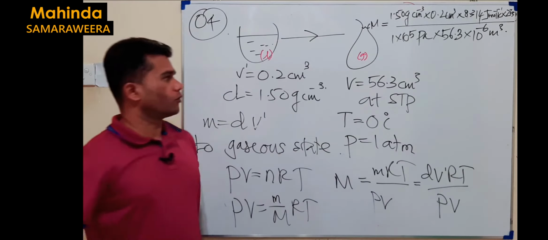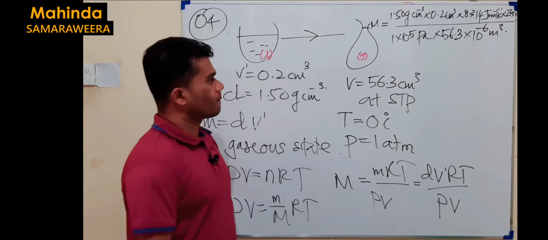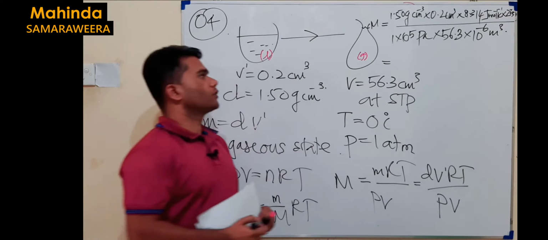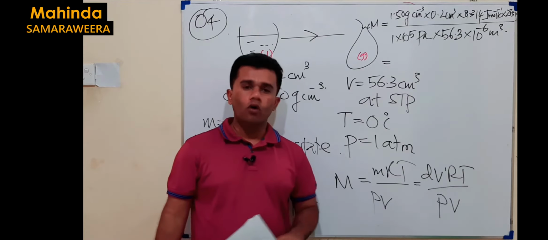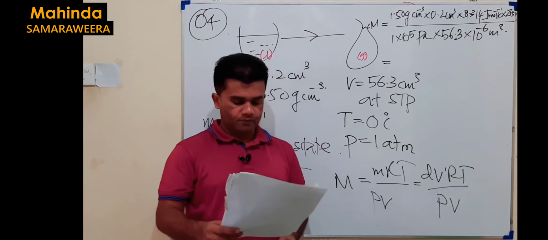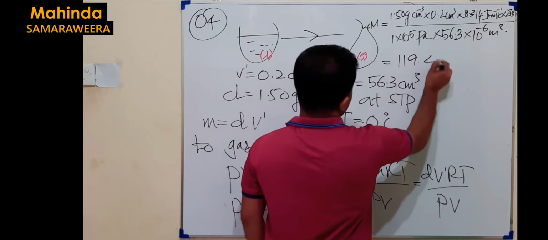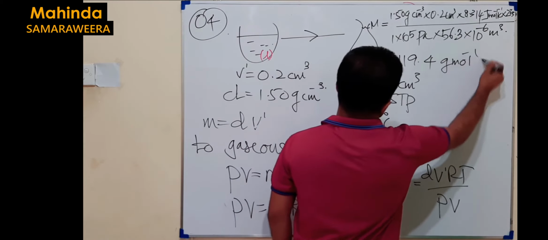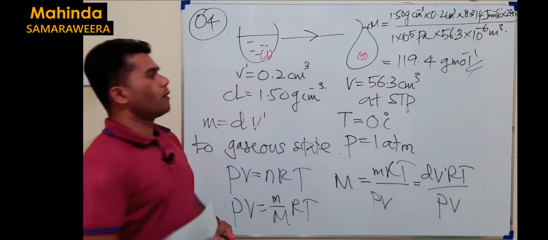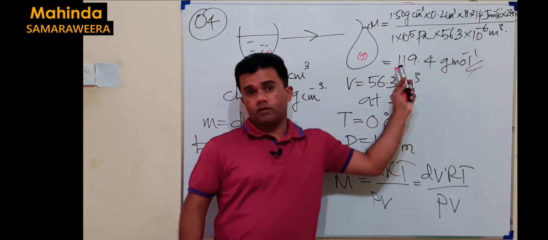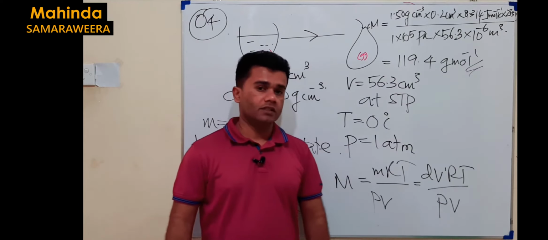Cubic centimeter to cubic meter is 10 to the power of minus 6. So that's the correct substitution. All the units will cancel out. Finally you get molar mass in grams per mole. It should be 119.4 if you simplify this. So that's the molar mass, 119.4. Then when you remove the unit, that will be the relative molecular mass of the liquid.